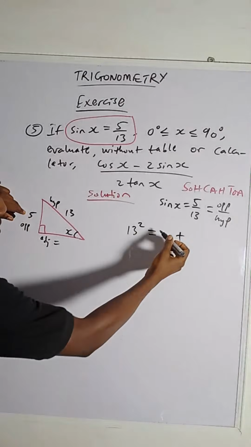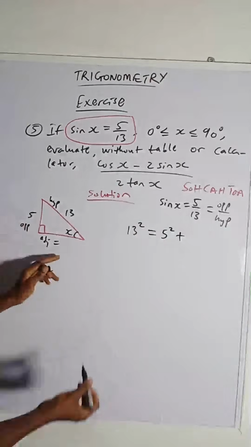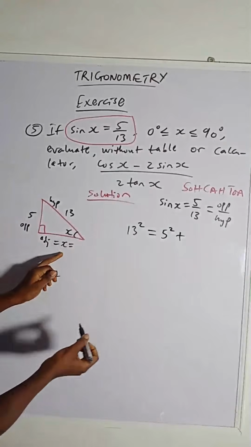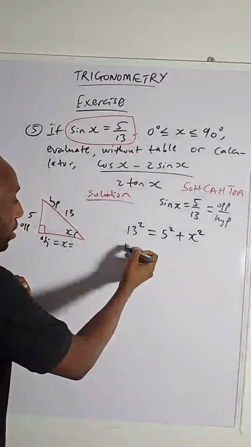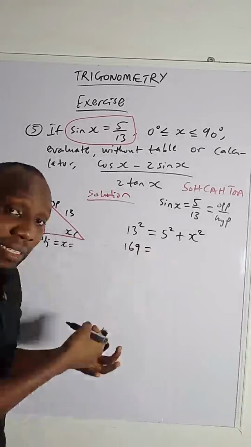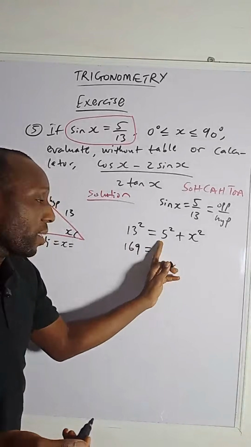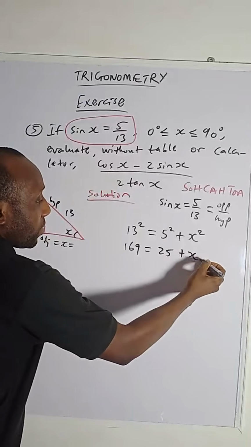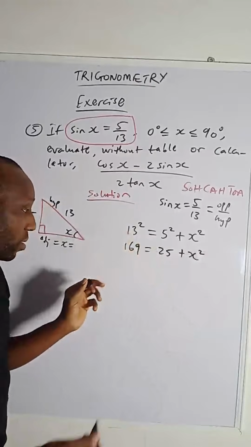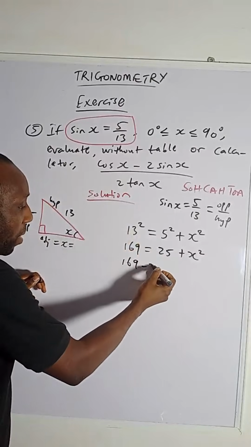This is going to be 5 squared plus, let's call this x, x squared. What's 13 squared? That's 169. 13 times 13. And 5 squared is 5 times 5, which is 25. So when you move this over, you're going to have 169 minus 25.